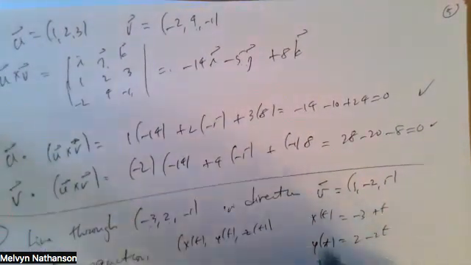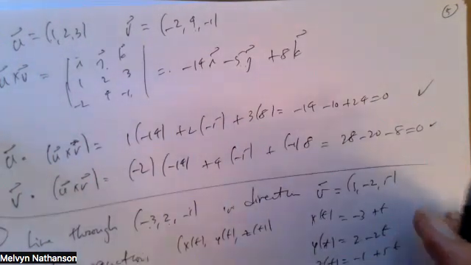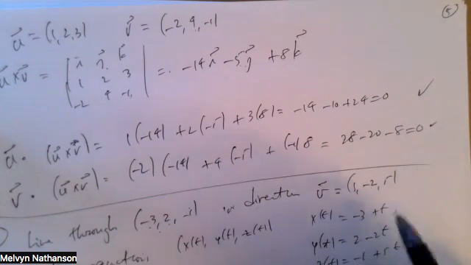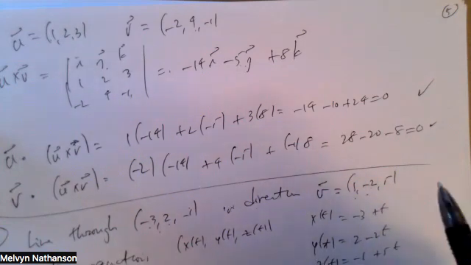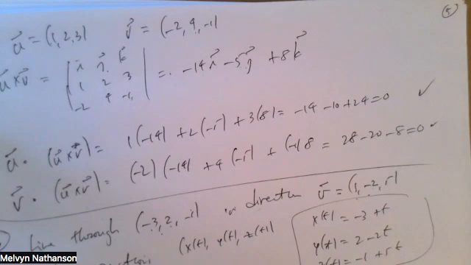And z of t is minus 1 plus 5t. So when t is 0, you're at the point minus 3, 2, minus 1. And as t increases or decreases, you're moving in the direction 1, minus 2, 5. So that's the line.